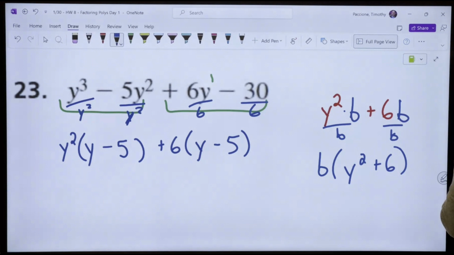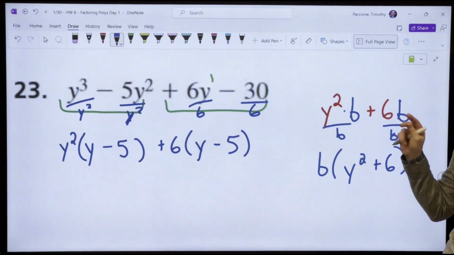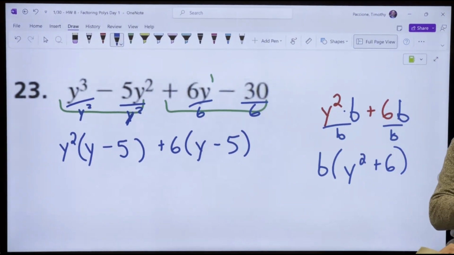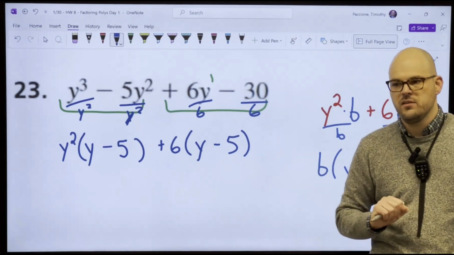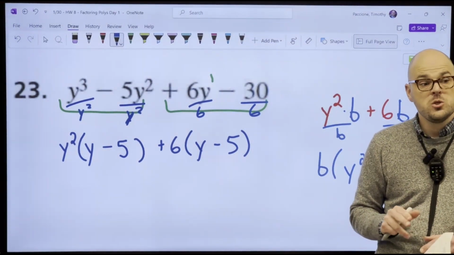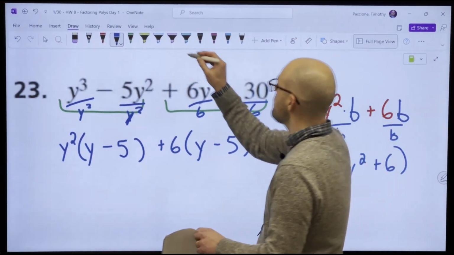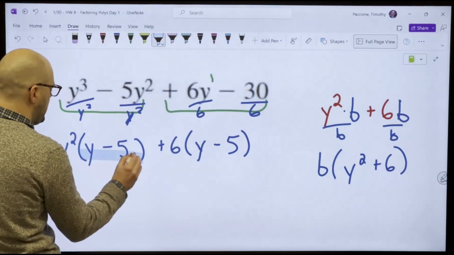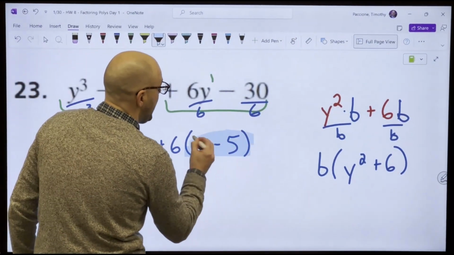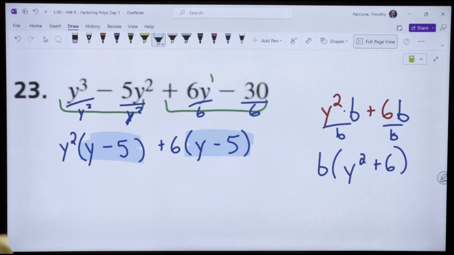Now, just remove b in your head and put y minus 5 in there instead. So y minus 5 is the thing that both of them can be divided by. That's your GCF that comes out front, and that's why we can do grouping.